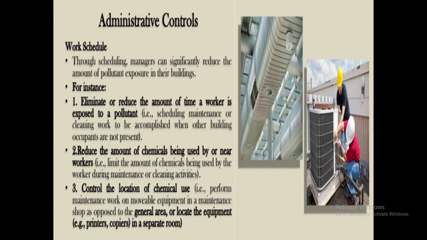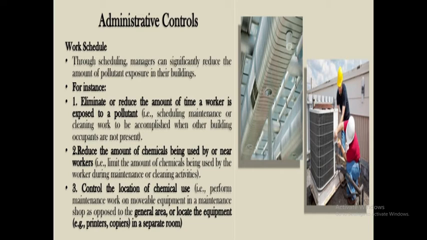Administrative control, this is one of the control measures. Work schedule. Through scheduling, managers can significantly reduce the amount of pollutant exposure in their building. For instance, first, eliminate or reduce the amount of time a worker is exposed to a pollutant.